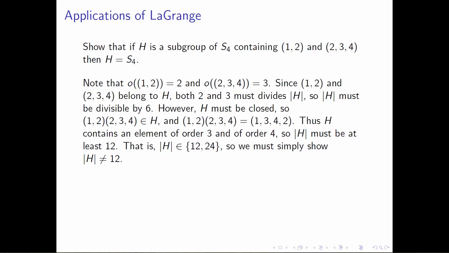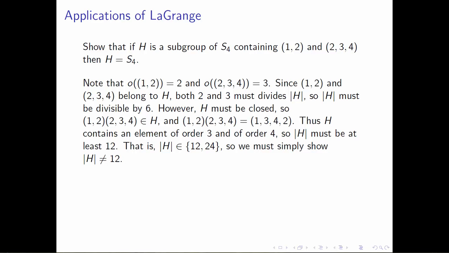In fact, the order of H has to divide the order of S4. So we're using Lagrange's theorem in reverse here. We said the order of H has to be divisible by 4 and divisible by 3, since the order of an element divides the order of the group. So that forces the order of H to be divisible by 12.